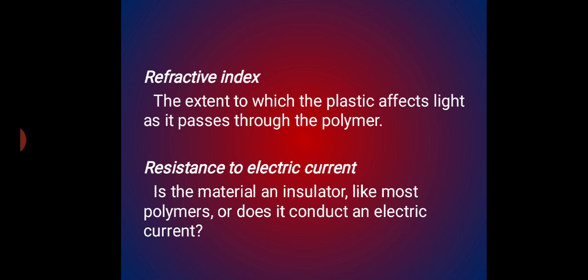So once the light passes through the polymer, how much it can affect the light is considered as the refractive index. Resistance to electrical current: is the material an insulator like most polymers, or does it conduct an electrical current? This is what we are ensuring in the resistance to an electrical current.